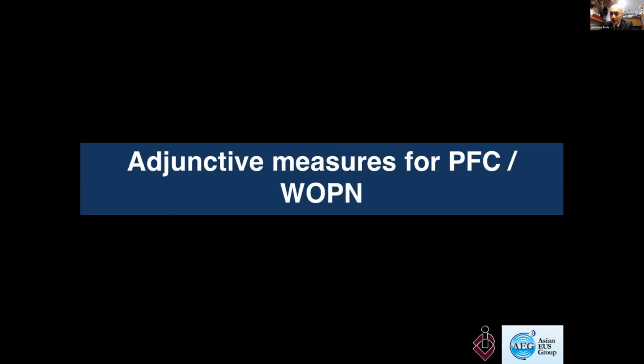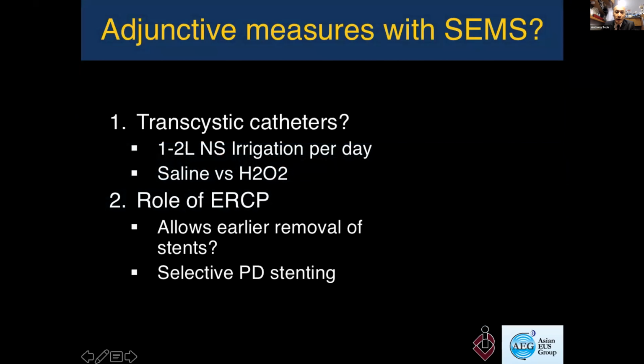So for the last bit, I'm going to talk about the adjunctive measures. Transcystic catheters. Usually, if the patient has a very contaminated collection, very big collection, if they are septic in the ICU, then we can insert a nasocystic catheter, irrigate 1 to 2 liters of saline per day.